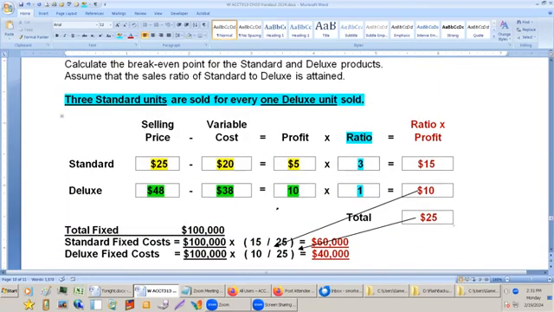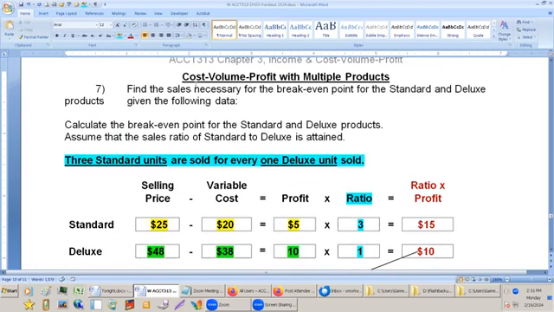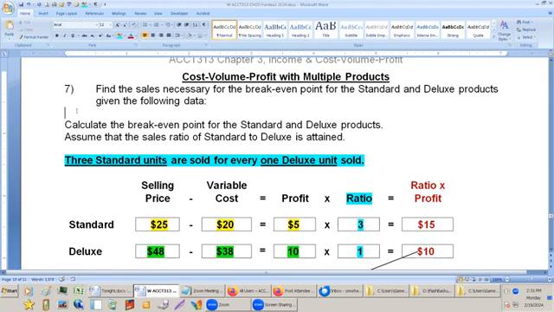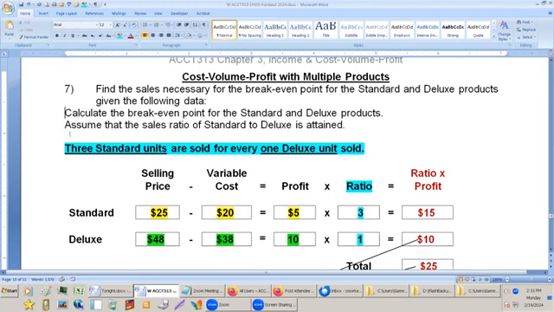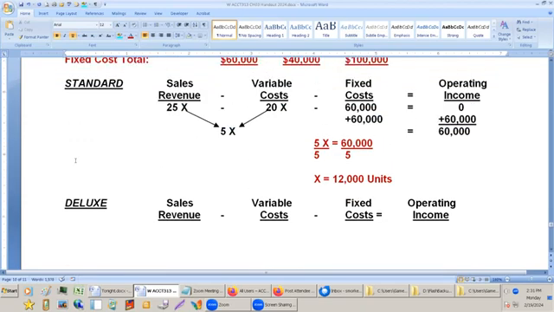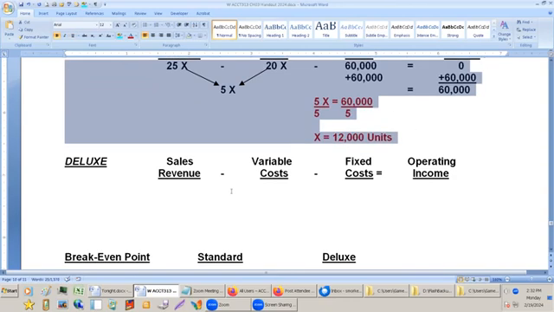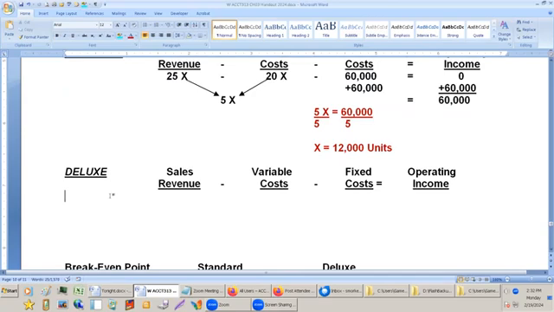And I might run out of room here. A little more space.